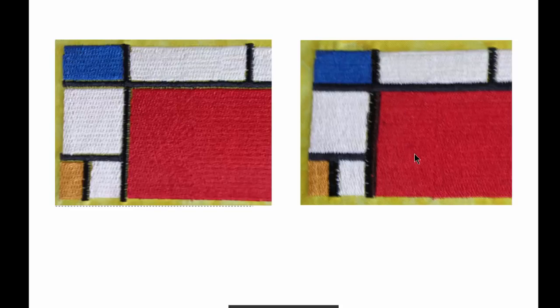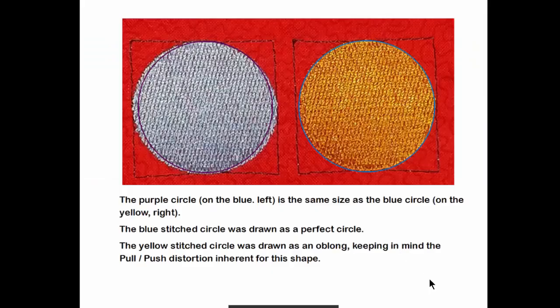Another area that could cause an issue is outlines. As we look at this particular slide, this is a real stitch out. The outlines, this purple circle here and the blue circle here, are the outline stitches. Those two circles are the exact same size. It is in the stitching out of these two circles that we see we have a pull push situation.